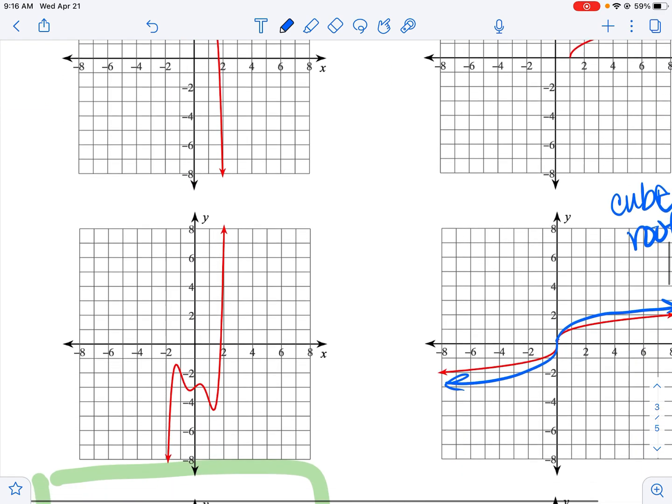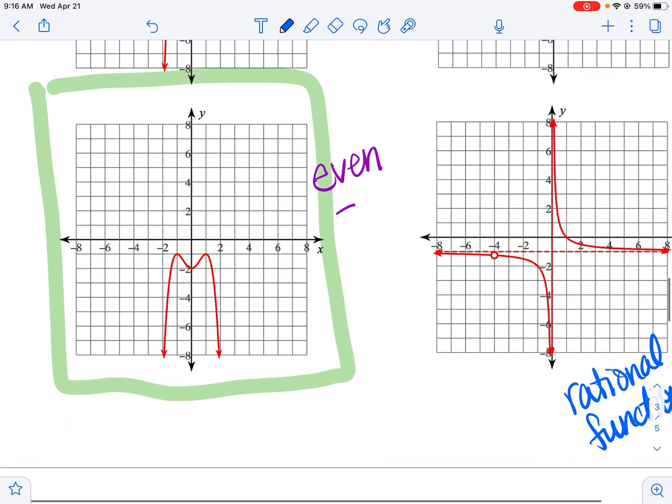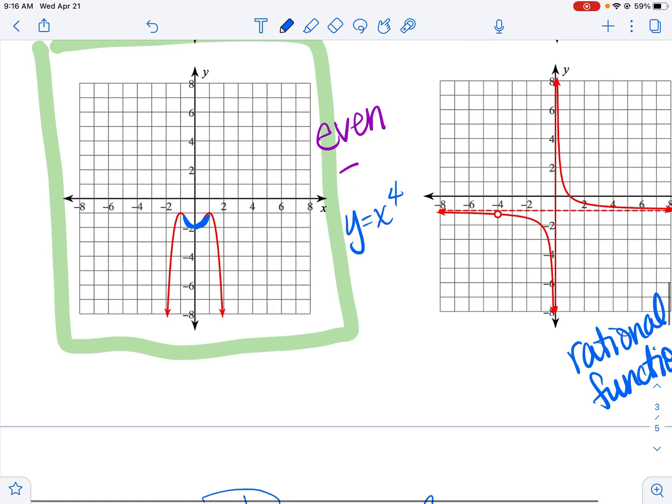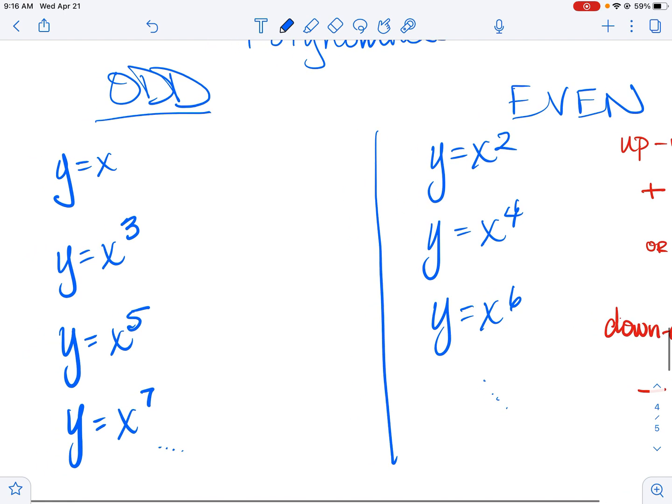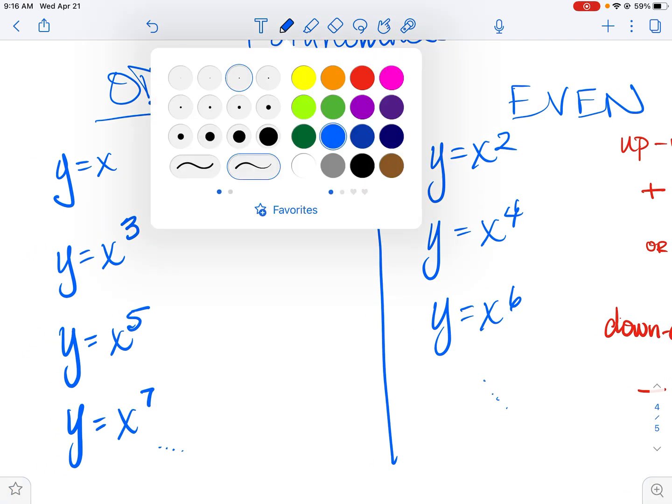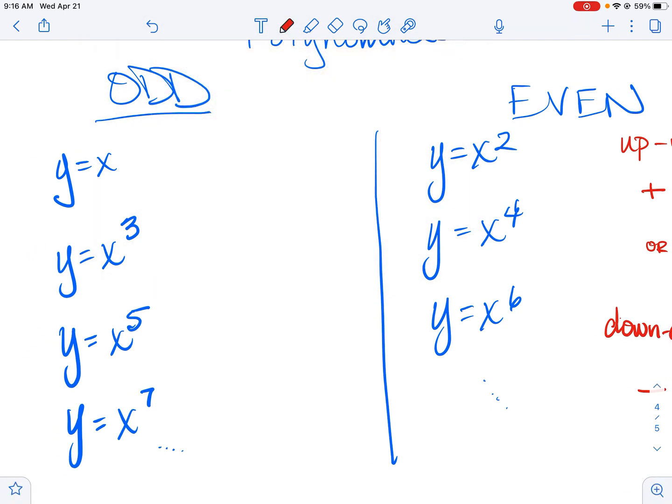And then the last of our evens, so we have one extra bump. So again, this is y equals x to the 4th is our parent function. Now, when we're thinking about the odds, odds always have one up and one down.